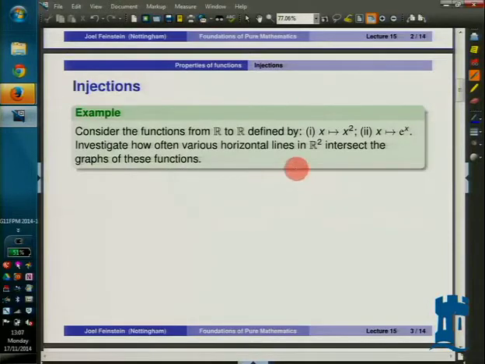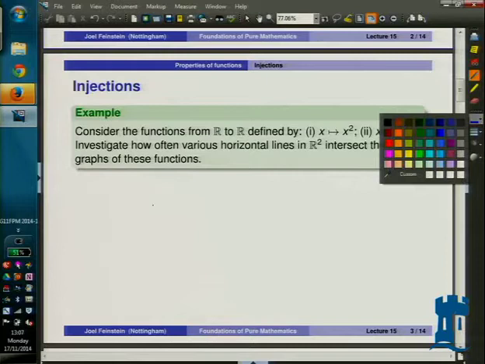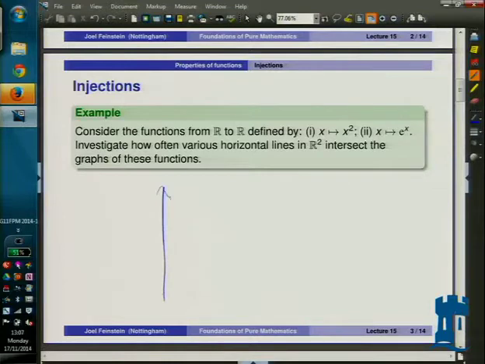And we're going to look at these two contrasting functions, which have got standard graphs, which you can probably draw better than me, especially since I'm using a tablet. So I'm going to draw two different curves.